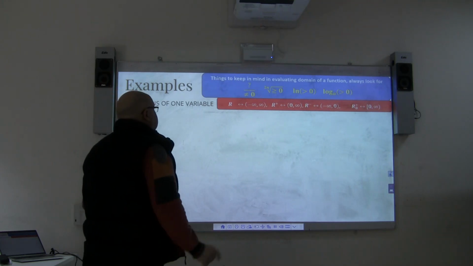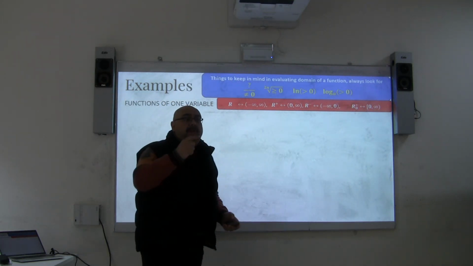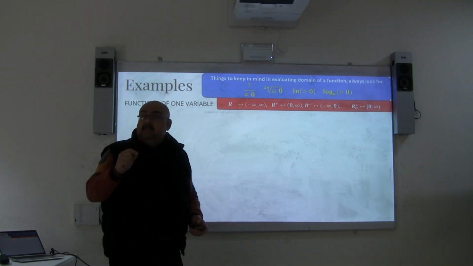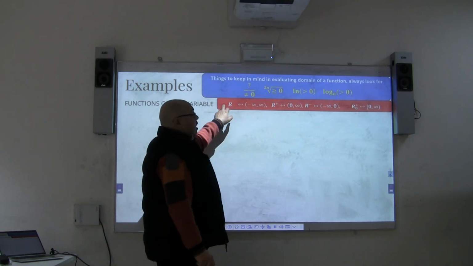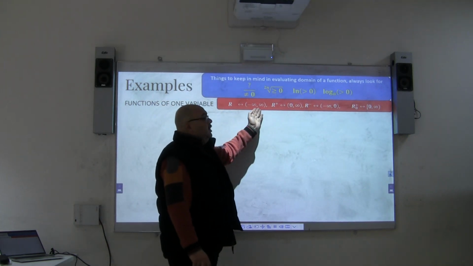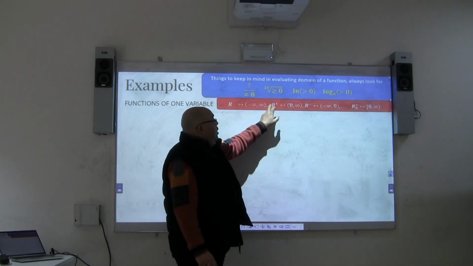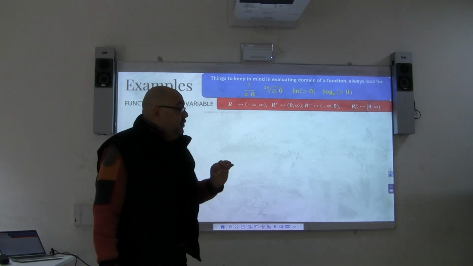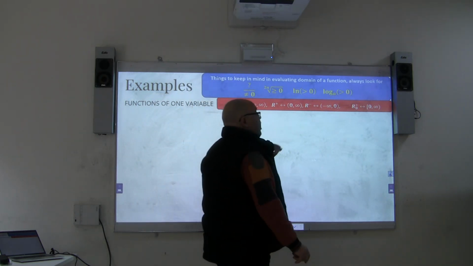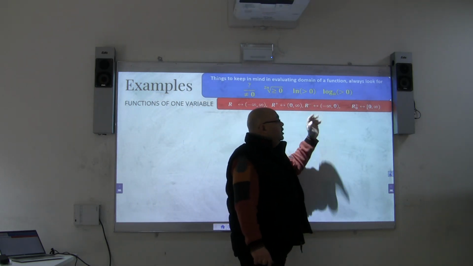It's very, very important. Also, I want you to be familiar with the symbols. You already know most of them. R stands for from negative infinity up to positive infinity. R with a positive sign means from 0, open, up to infinity. If it is R negative, it's from negative infinity to 0.